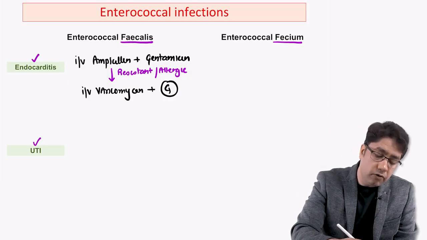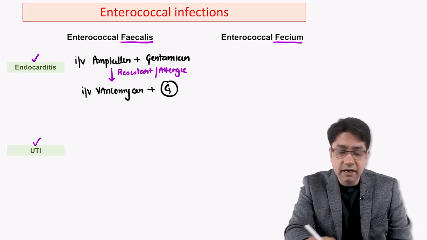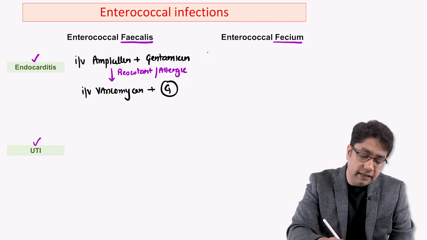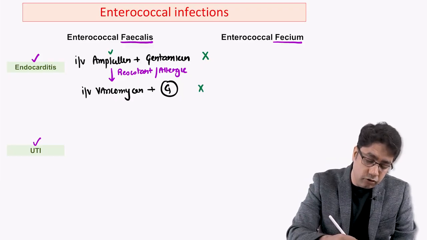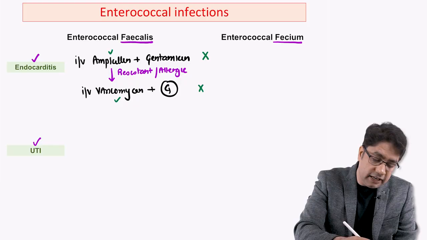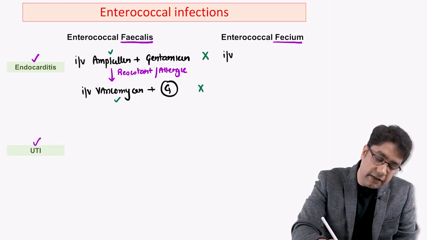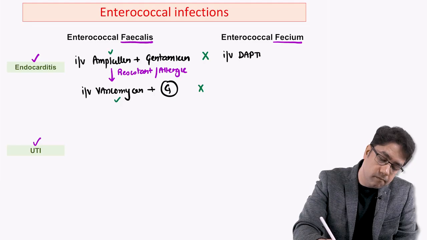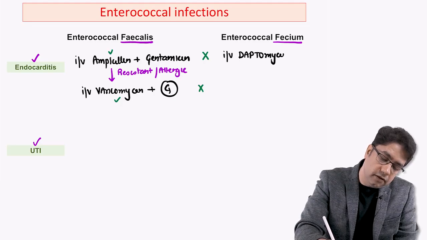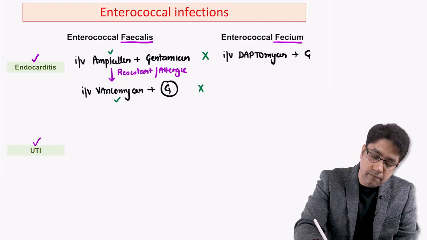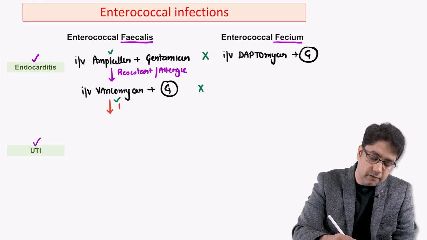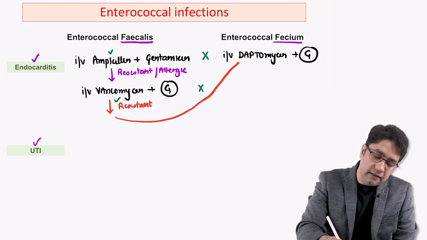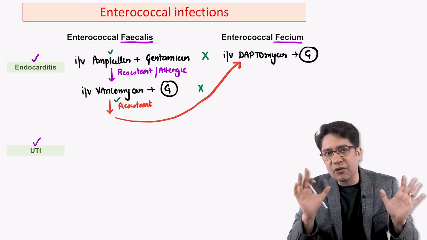But what about Enterococcus faecium? In Enterococcus faecium, neither ampicillin nor vancomycin is effective. We straight away start IV daptomycin with gentamicin. And in vancomycin-resistant cases of Enterococcus faecalis, we again start daptomycin.